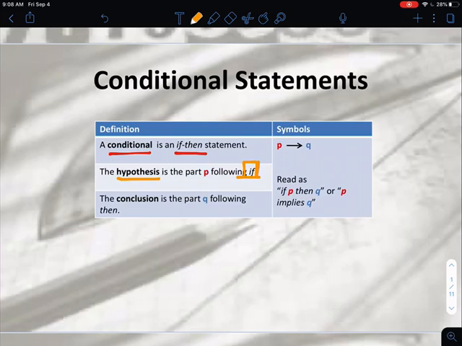So when I say if you want to go out with your friends, your hypothesis is you want to go out with your friends. The second part of the statement is called the conclusion, and that conclusion is the part that follows the word then. So then you must finish your chores. Your conclusion is you must finish your chores.